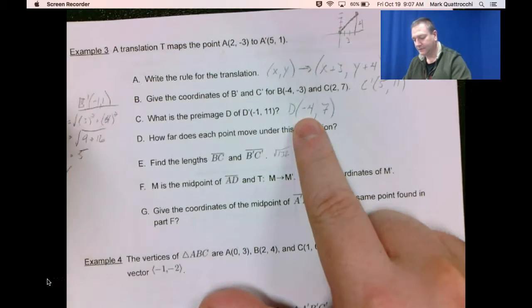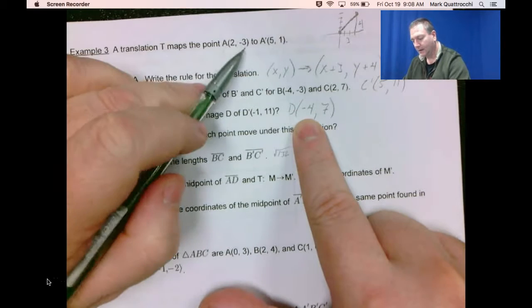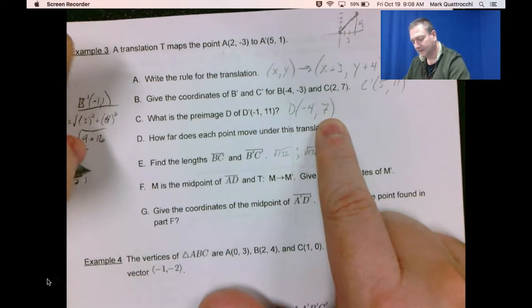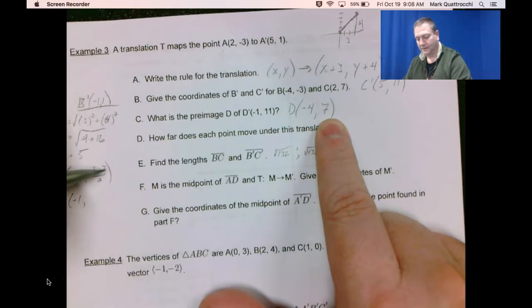So average 2 plus negative 4 divided by 2, and negative 3 plus 7 divided by 2. You get negative 2 over 2, that's negative 1. 4 over 2, that's 2.